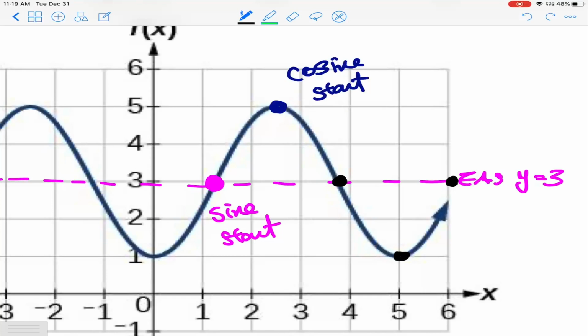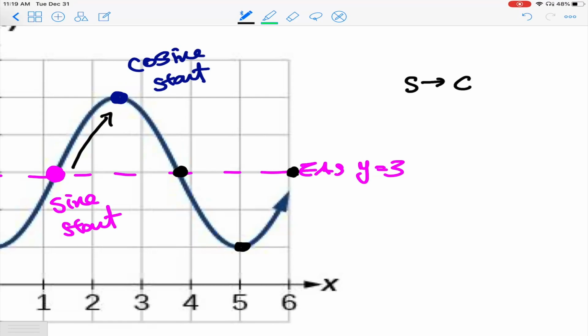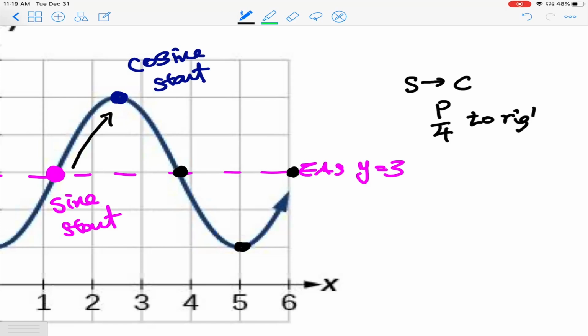It will just move the cycle to the left or to the right. So from sine to cosine, to change my starting point, all I have to do is move the sine starting point to the cosine starting point by 90 degrees, or a quarter of the period, to the right. And then cosine to sine is then a quarter of the period going back, so going to the left.